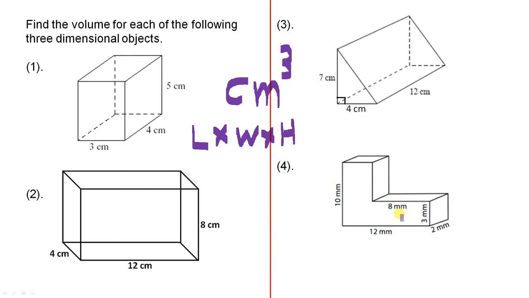Over here we have an interesting 3D object, and the hint here is to divide the object, in this particular case, into two separate parts. Okay, so we have two separate blocks there. So all we do is find the volume of that block and find the volume of that block. And all those measurements there should give you all of these different lengths that you need.